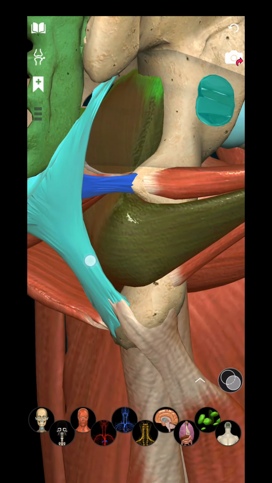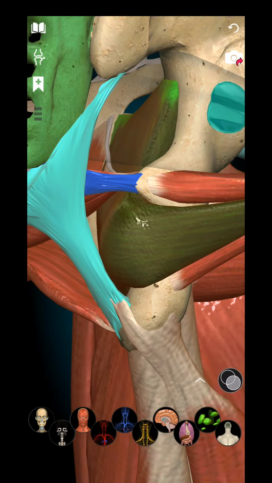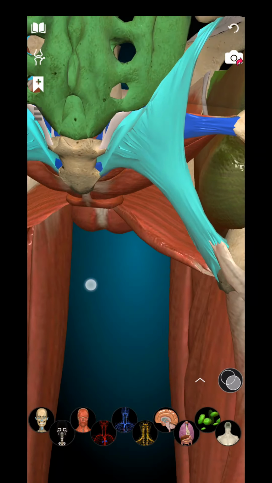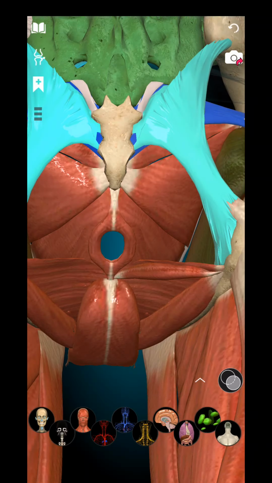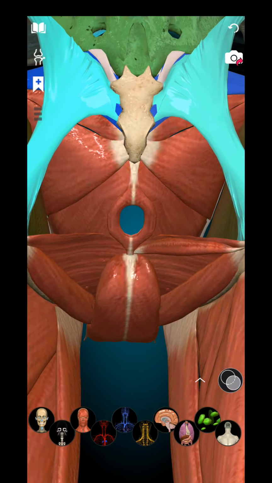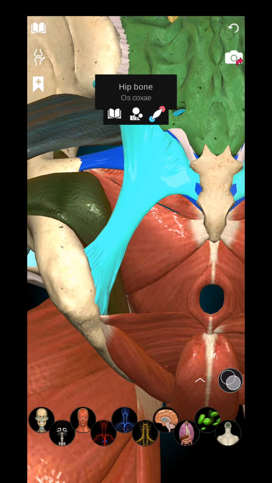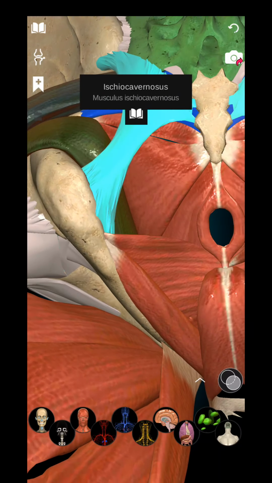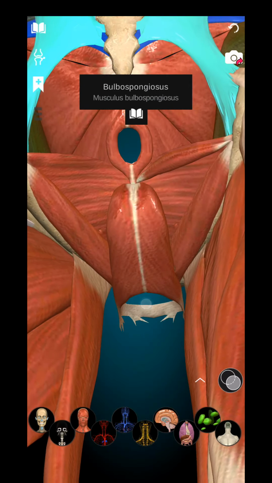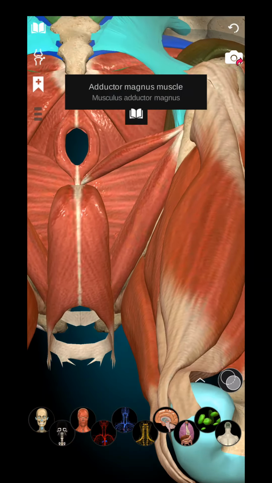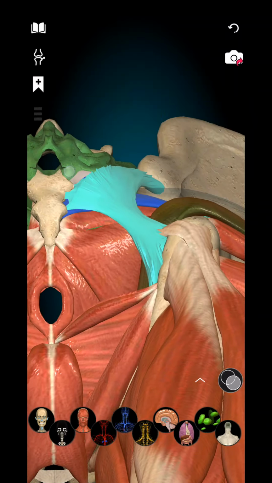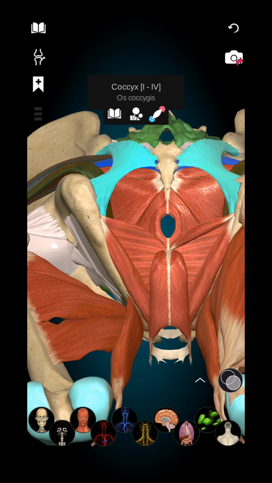So obturator internus forms the lateral wall of the pelvic cavity also, whereas the area below the pelvic diaphragm, now we are having a look from below, this diamond shaped area, from here to here to here, and eventually ending at the pubic bones anteriorly, coming back to the sacrum, this diamond shaped area is the perineum.